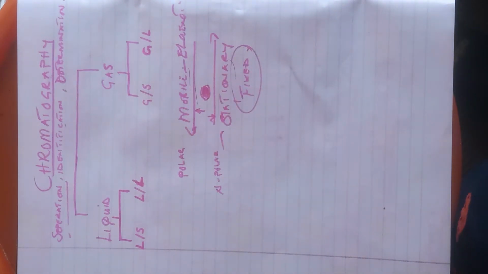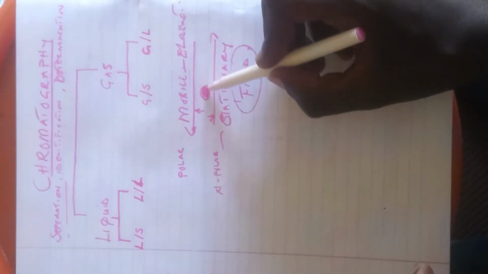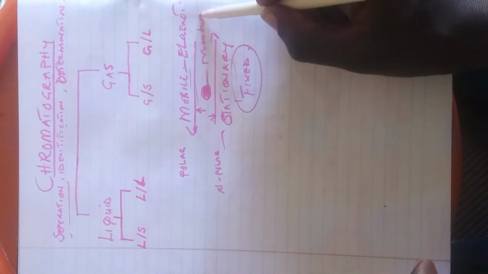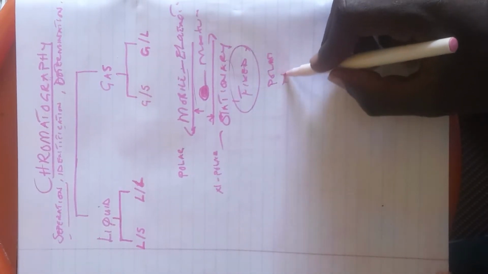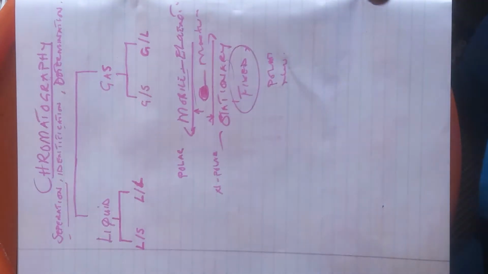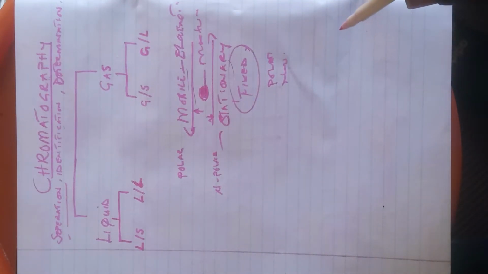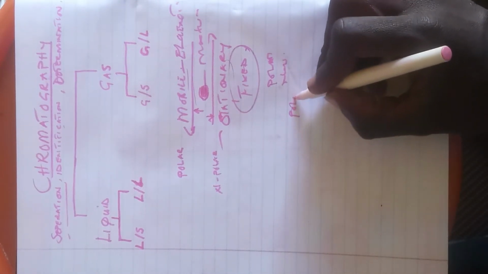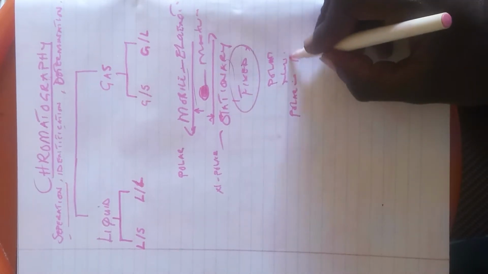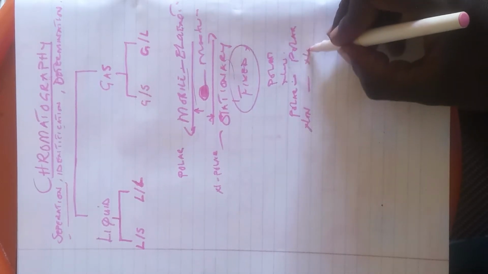Why? It is because there are different components in the mixture. You will find that certain components will be polar and certain components will be non-polar. So there will be an interaction with either the stationary phase or the mobile phase. Basic concepts show that polar molecules interact with polar molecules, and non-polar molecules interact with non-polar molecules.